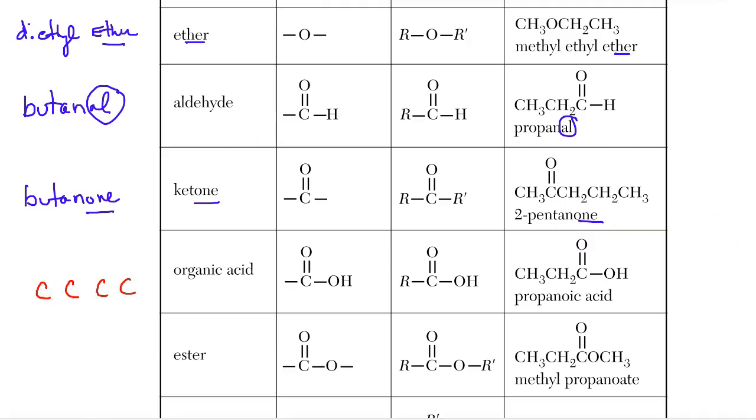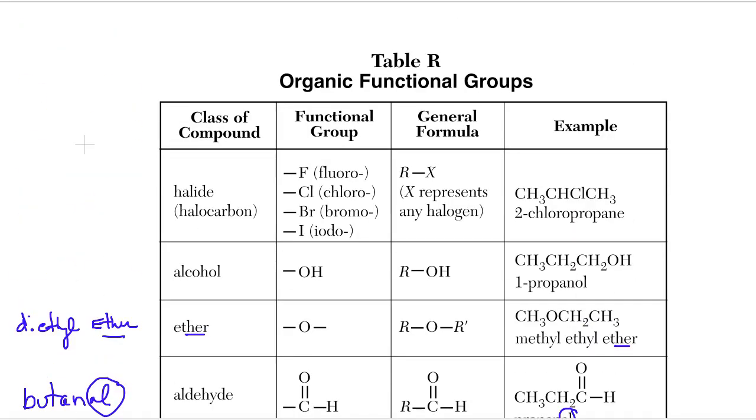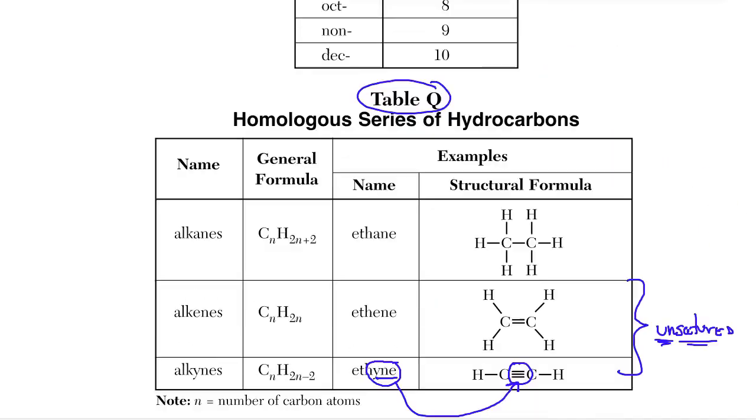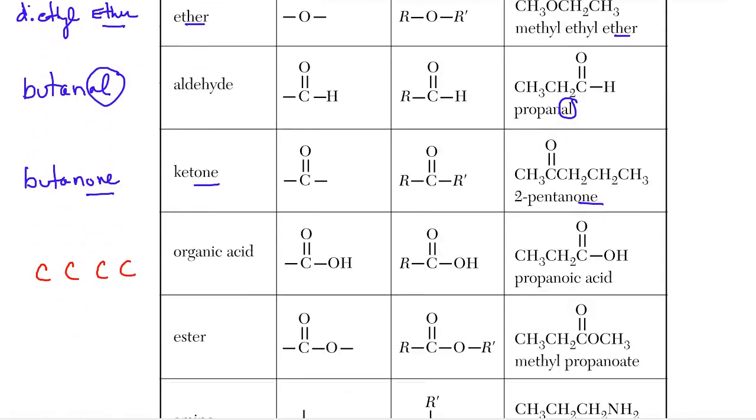Because it's a but. And if you go to Table P, okay, and I'm going to try to go to Table P without making this crash. Table P says a but is a 4 carbon. So let's go back to our Table R. So 4 carbon. Ane, we take the E away. I'm sorry, we're in butanal.